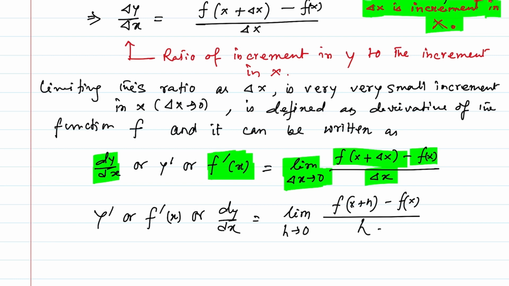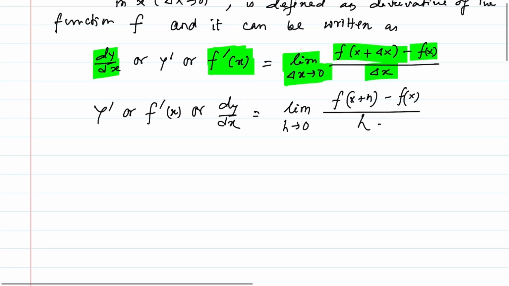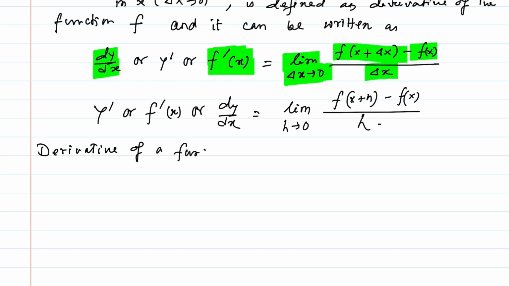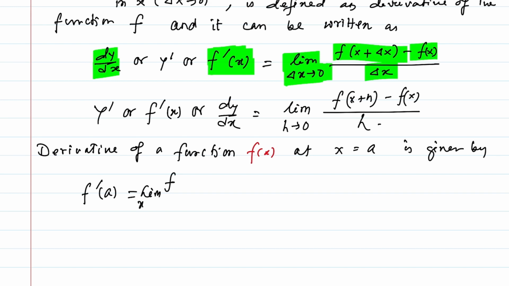One more important thing: the derivative of a function f of x at a particular point, suppose x is equal to a, is given by f dash of a, the limit as h tends to 0 of f of a plus h minus f of a by h.